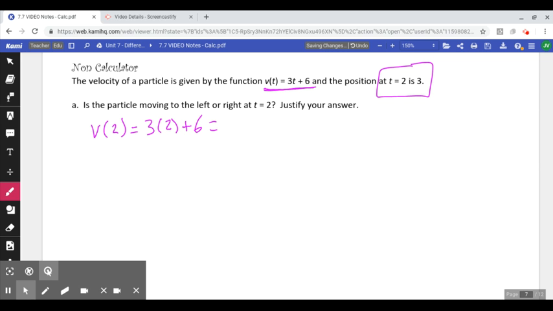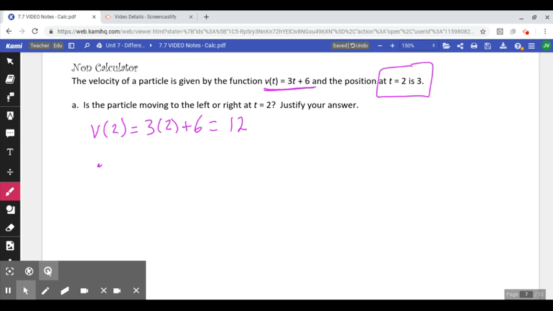So that'll be 6 plus 6, or 12. We don't know what the units are, nor are we asked to give them, so we won't be able to do that. But it does say justify our answer, and our answer is not 12 for this one. The question is, is the particle moving to the left or the right?